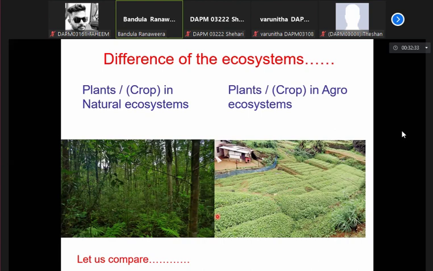established here by us. Human beings have selected the plant species for this agro ecosystem. We can see that one species is dominant here. So who selected that dominant species? Human beings.